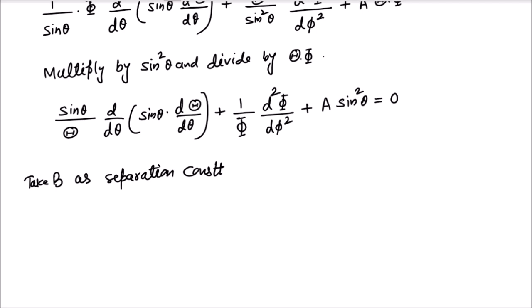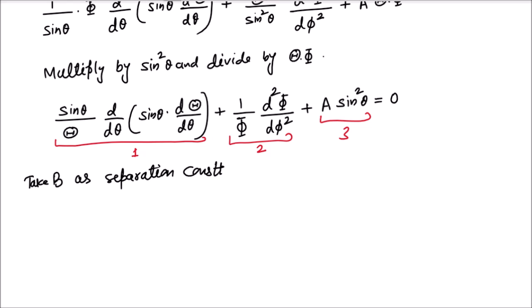So now see, in equation number 1, term 1 and term 3 depend upon theta only, and the second term depends upon phi only. Take the first term as b and the second term as minus b.